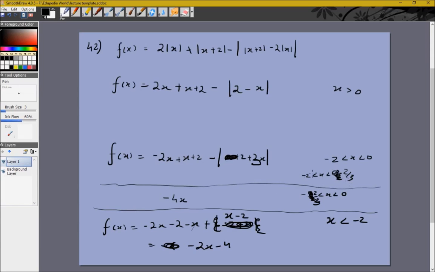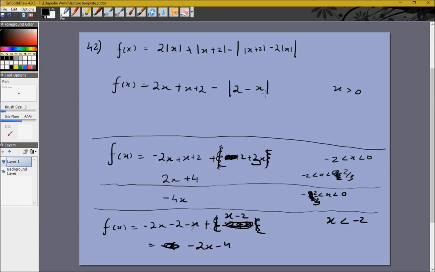Then in the other region, you have to multiply this by minus 1, so this will be plus 2 plus 3x. Now you'll have minus 2x plus x minus x plus 3x, that is 2x, and plus 4. So in this region it is 2x plus 4.